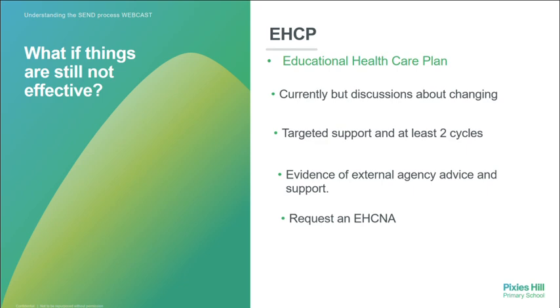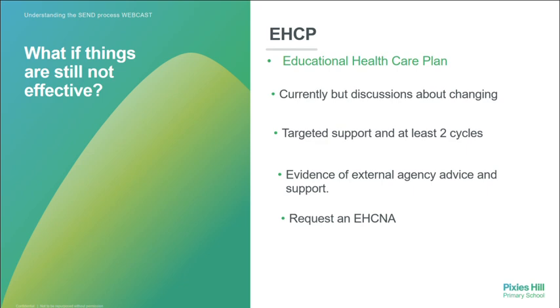So we've done our 2 cycles, we've referred to external agencies, we've implemented their advice and guidance, and yet we still are having problems and the child is still not making the progress educationally and has a need that cannot be met. It is at this stage that, despite all this intensive support, we could apply for an EHCP, an Educational Healthcare Plan.